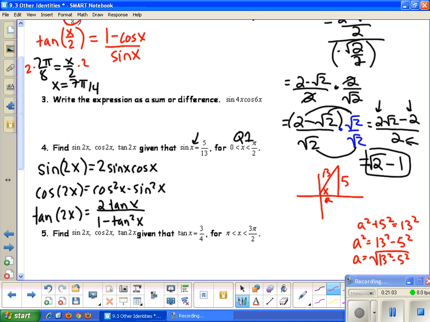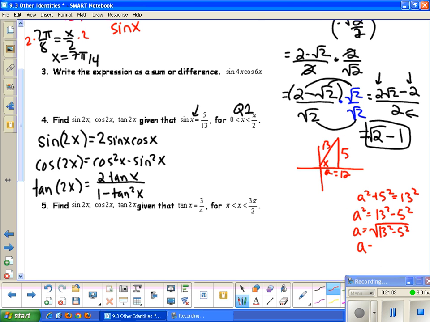So a is equal to 12. Because of that, I know that the cosine of angle x is adjacent over hypotenuse, so 12 over 13, and my tangent of x is opposite over adjacent, so 5 over 12.